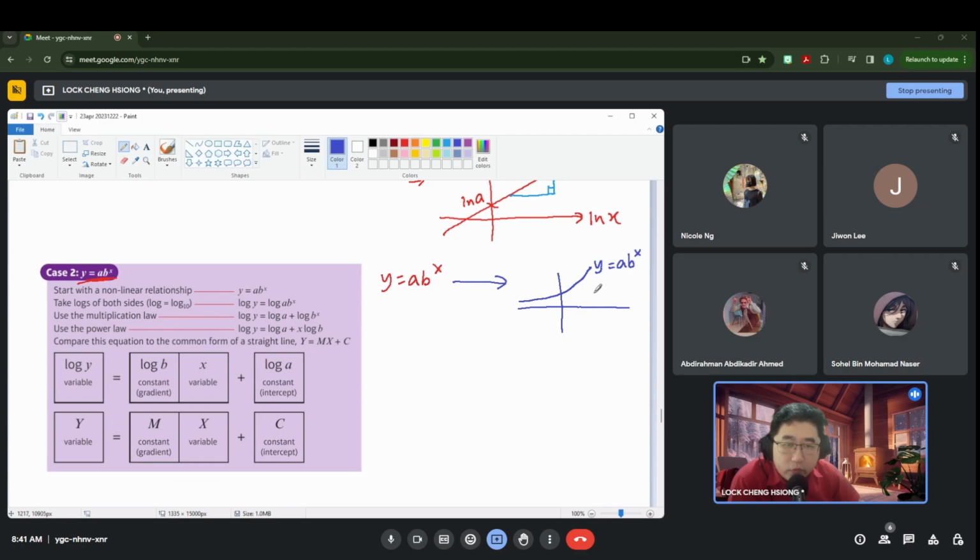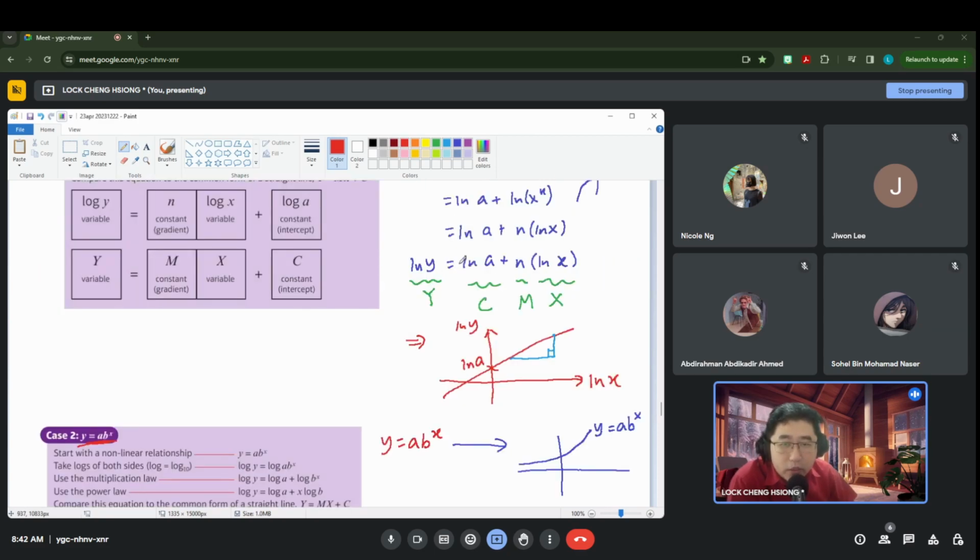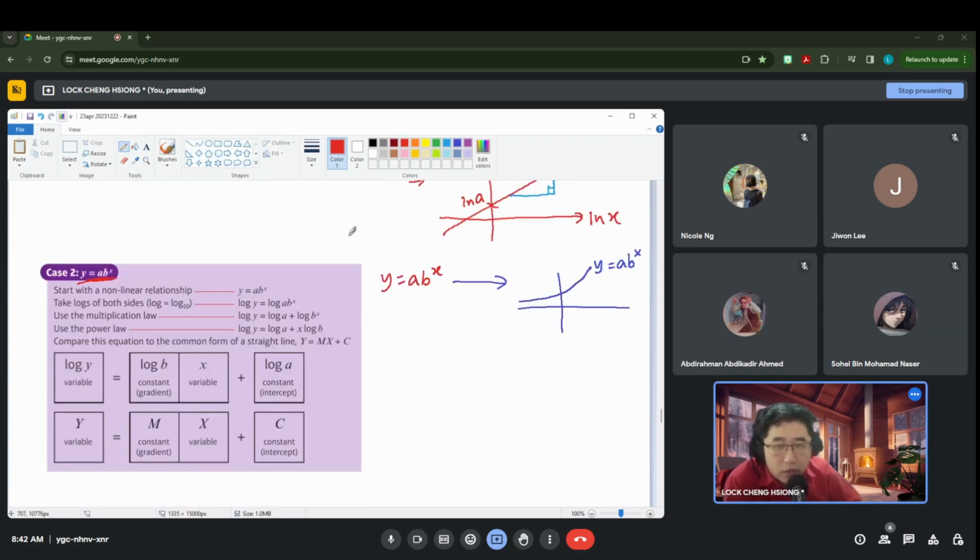So the graph actually looks like this, like a curve, but our purpose here is to write them as a straight line. Again, in order not to confuse you, I write this as curvy y and curvy x.